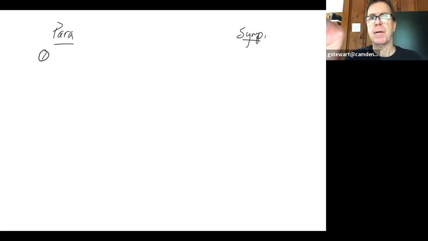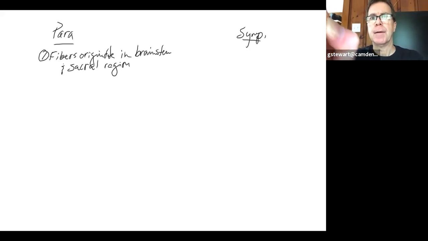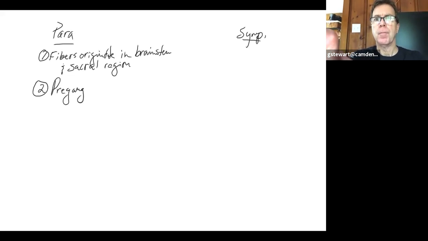So in the parasympathetic, I'm going to write: fibers originate in the brainstem and sacrum. It's really the sacral region of the spinal cord. Second characteristic worth noting is preganglionic fibers are very long.